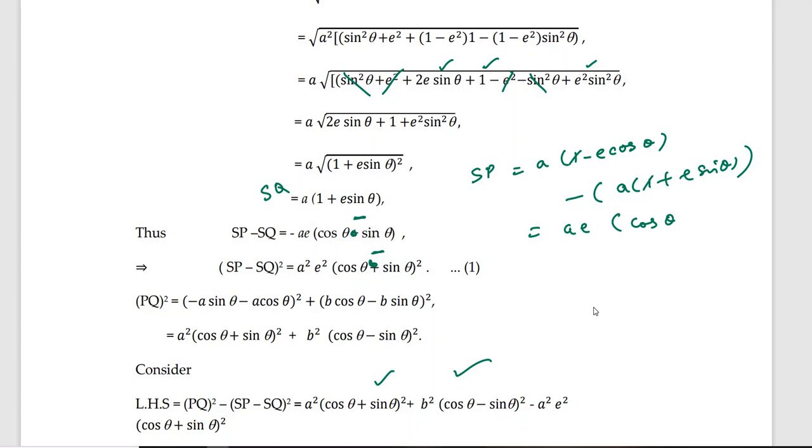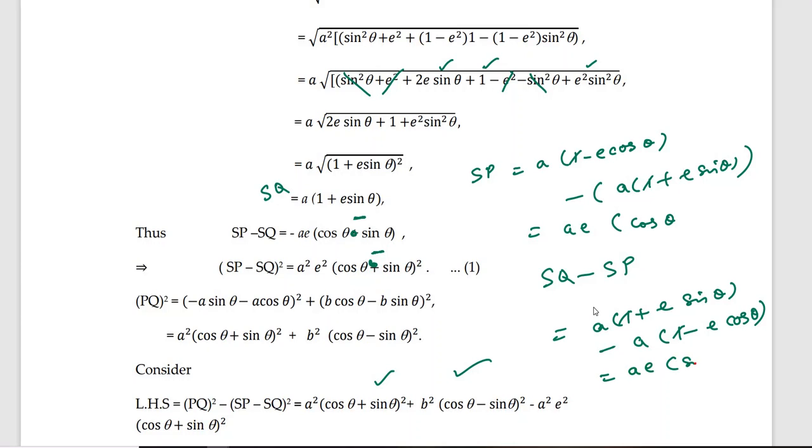Probably if we compute SQ minus SP, SQ is A into 1 plus e sin theta, and minus SP is A into 1 minus e cos theta. So in this case we can take e out, sin theta plus cos theta. So it is SQ minus SP that's computed, because anyhow we have to have the square of that.